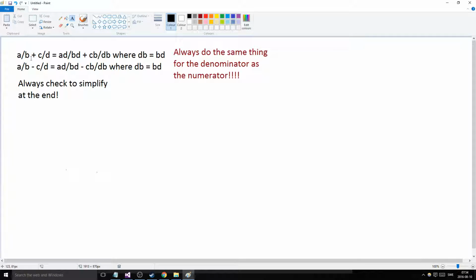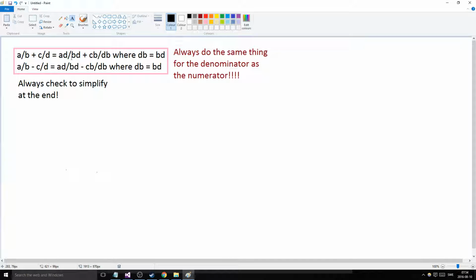So let's check this main rule out here. This is our main rule. What does this mean? Well, A divided by B. You have to excuse me because I don't really know how to say these specific things in English.